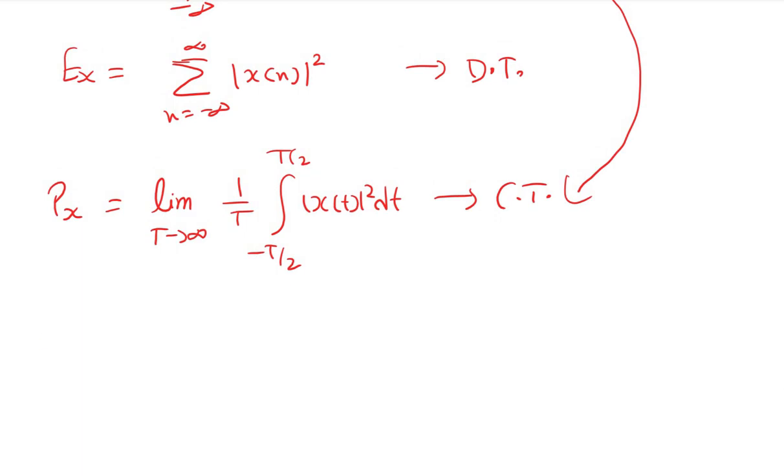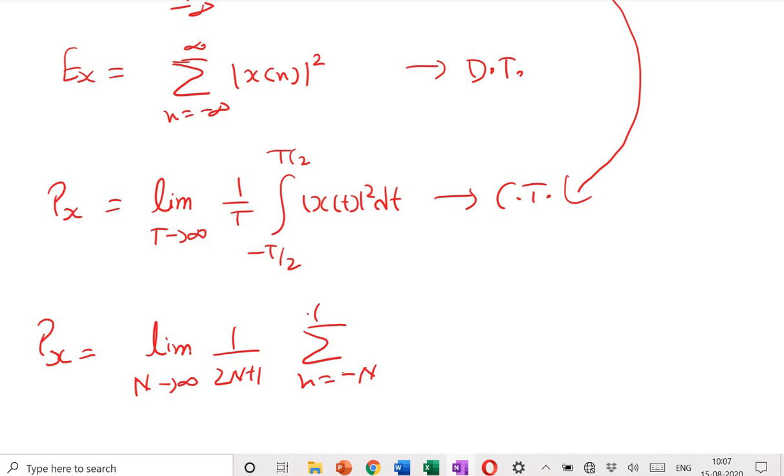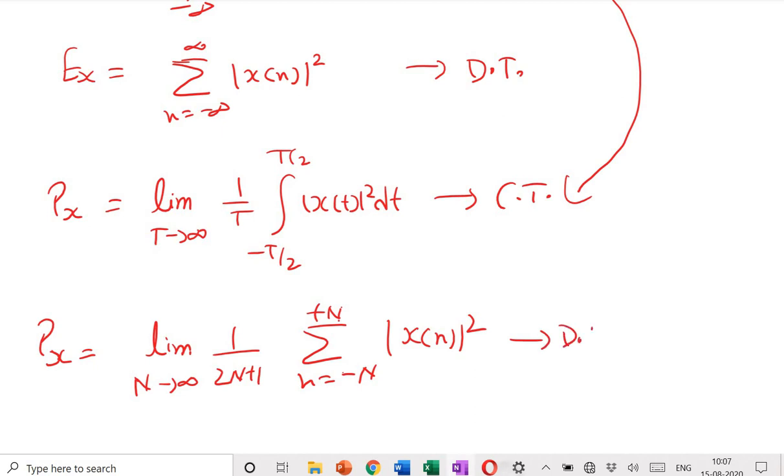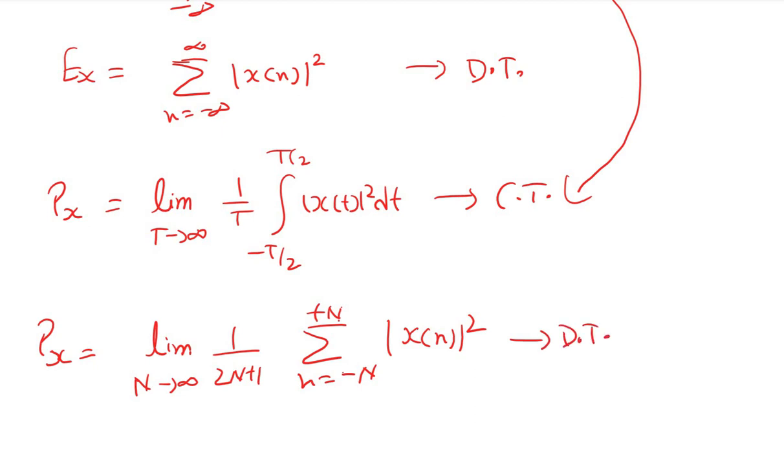Similarly, the power of a discrete time signal is the limit N tending towards infinity of 1 upon 2N plus 1, summation from n equals minus N to plus N of modulus of x of n squared. This is the power for a discrete time signal.